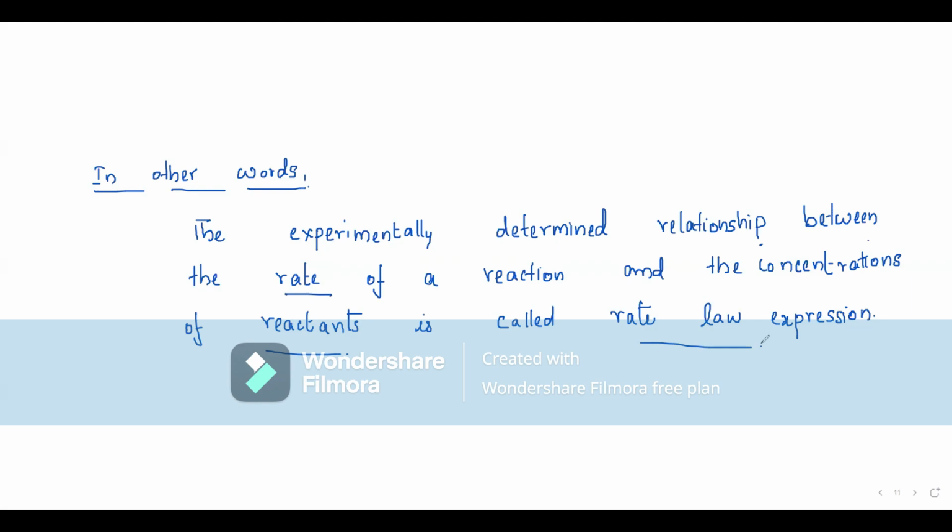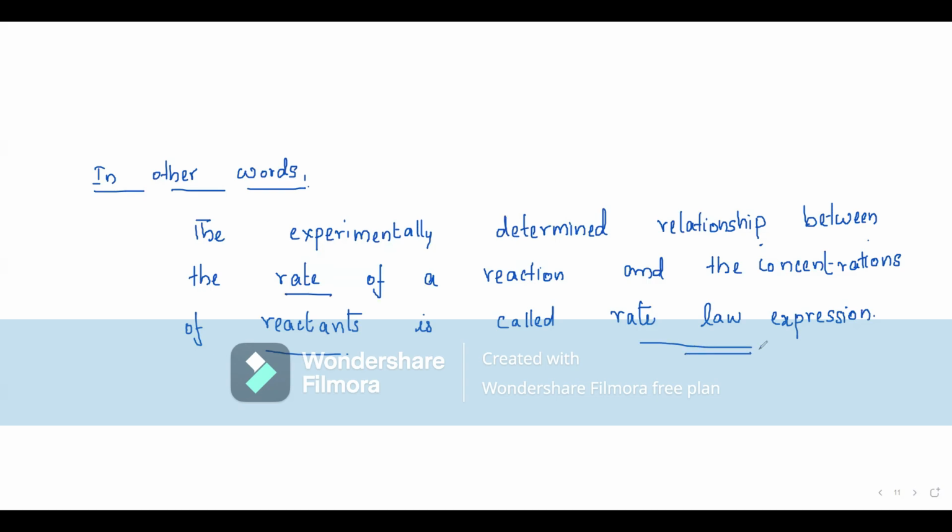How is this different from the law of mass action? The law of mass action was a theoretical determination. You write the balanced equation, check the reactants, and check how many moles of the reactants are written in the balanced reaction. Accordingly, you predict the rate of the reaction.